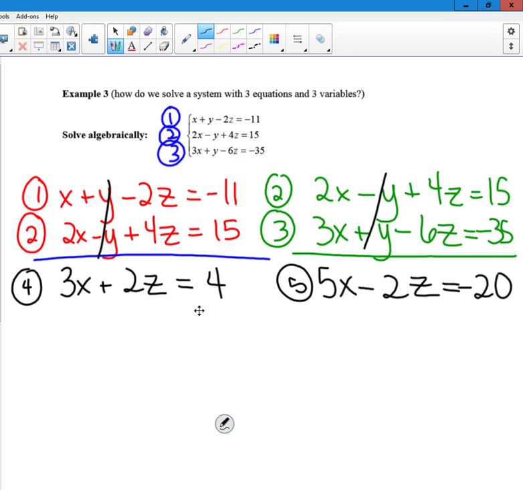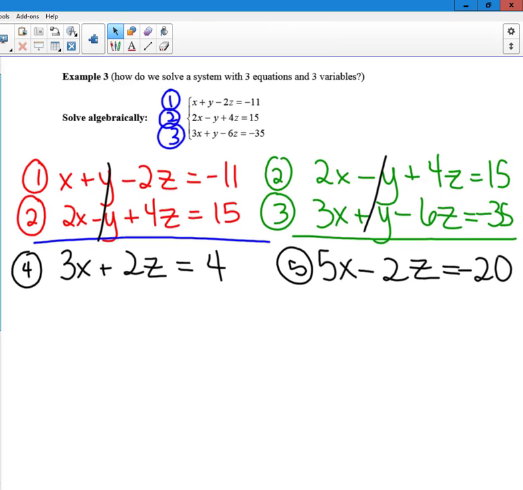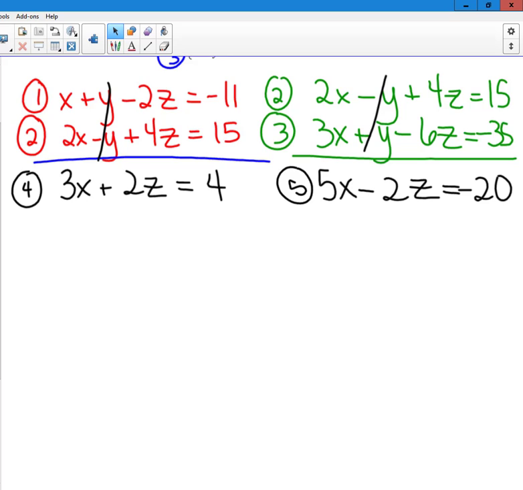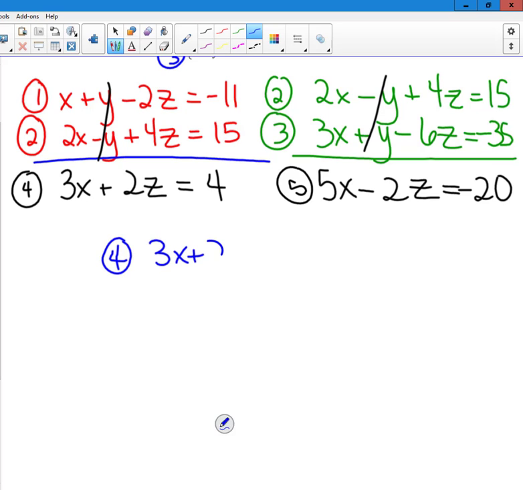So, equation number 5. Now I can take equation 4 and compare it with equation 5 and solve that using one of the traditional methods that we've talked about.